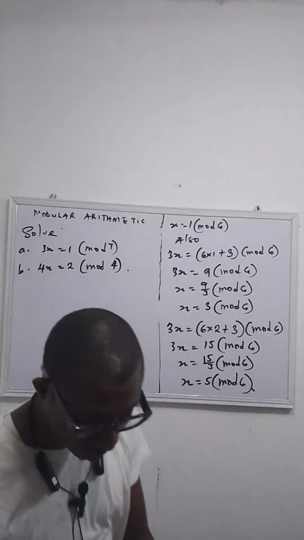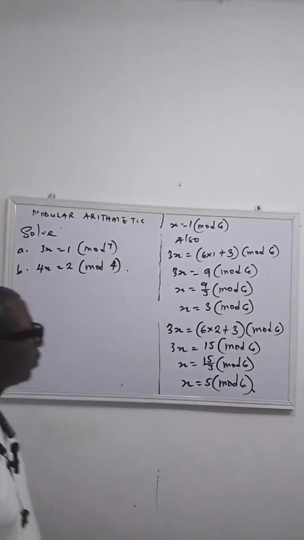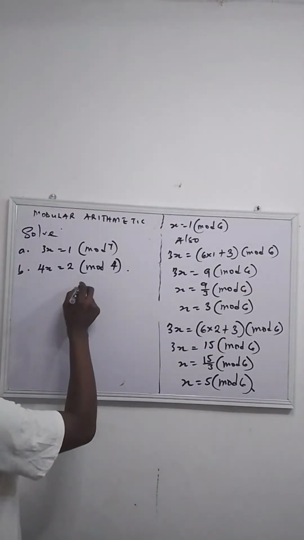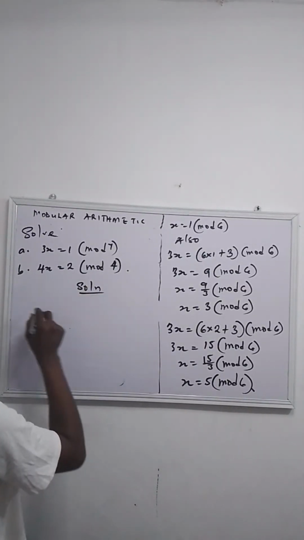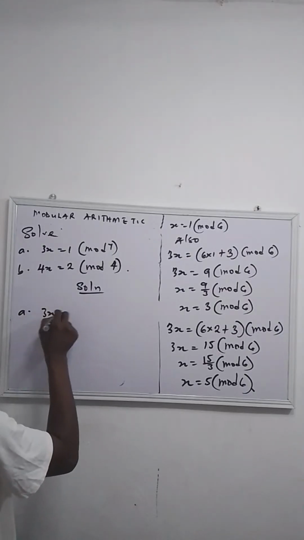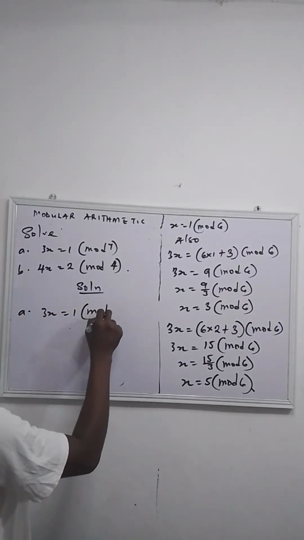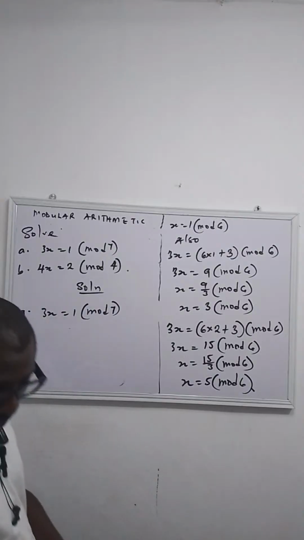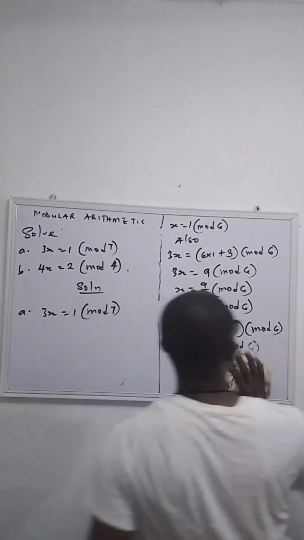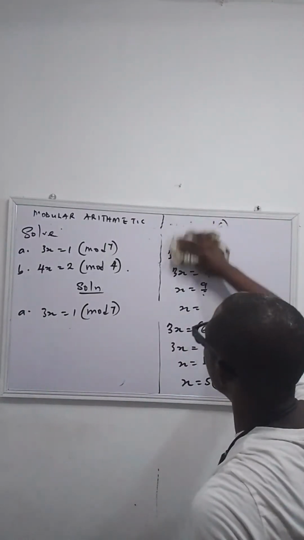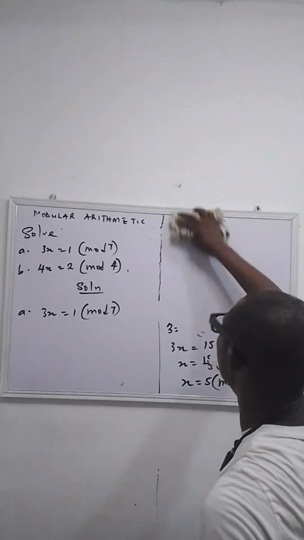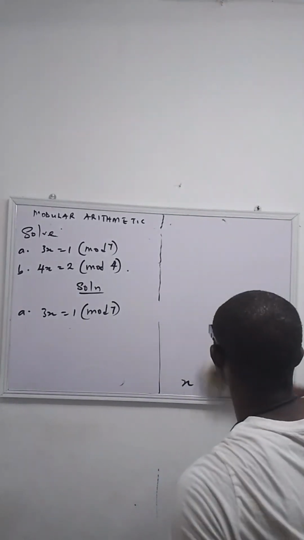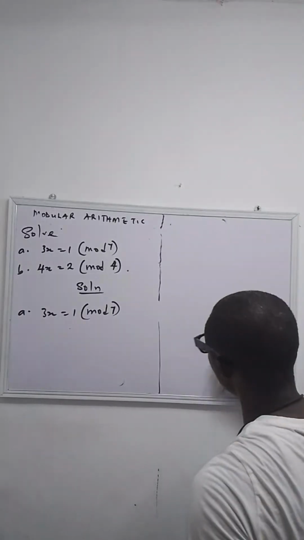Okay, so now look at the problem we have here. So let's see, how do we solve this? Now the first one, we have 3x equals 1 mod 7. Don't forget, just like we did when we were doing division, the number of modulus that I add to a number does not change the number.